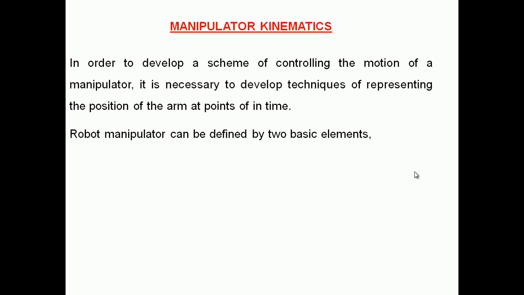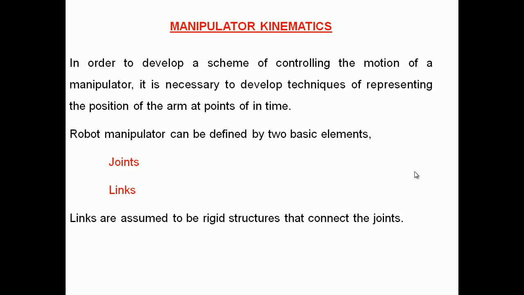The robot manipulator can be defined by two basic elements: one is joints, another is links. Links are assumed to be rigid structures that connect the joints. How to position the robots we have discussed in the class. Further I want to give you in detail.